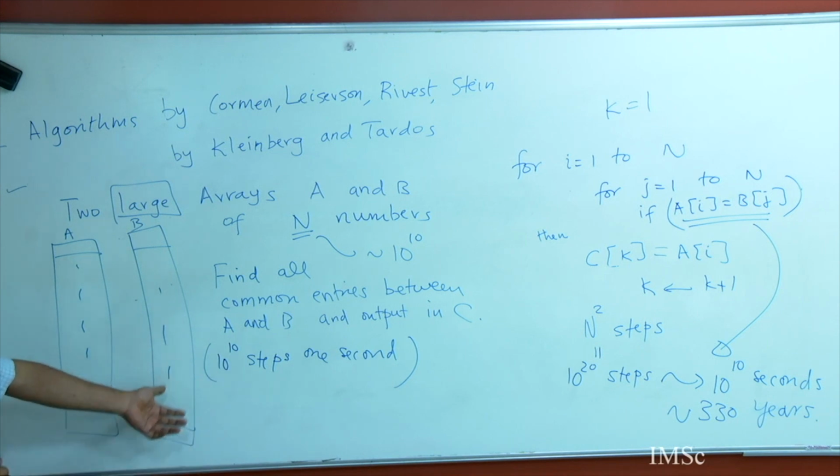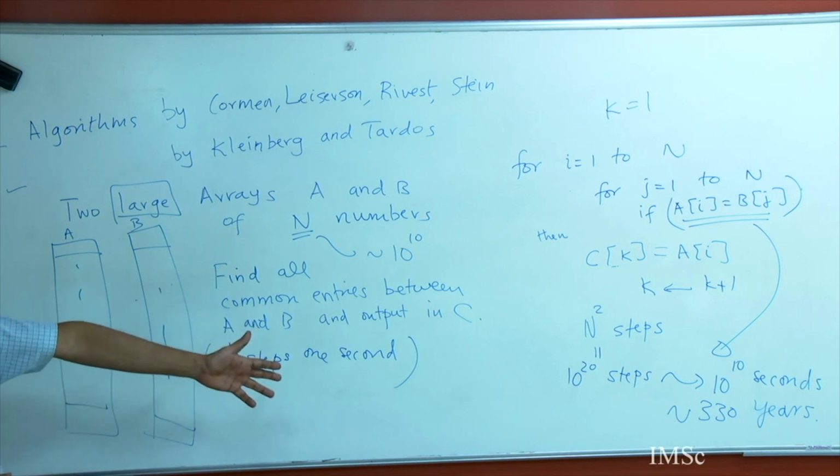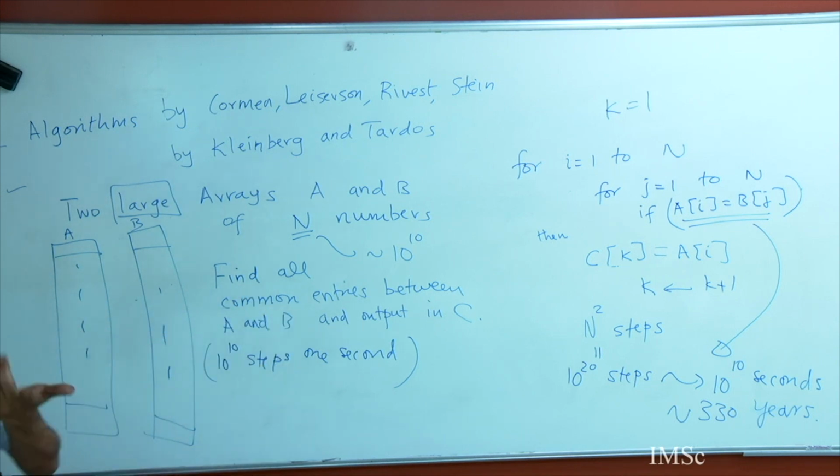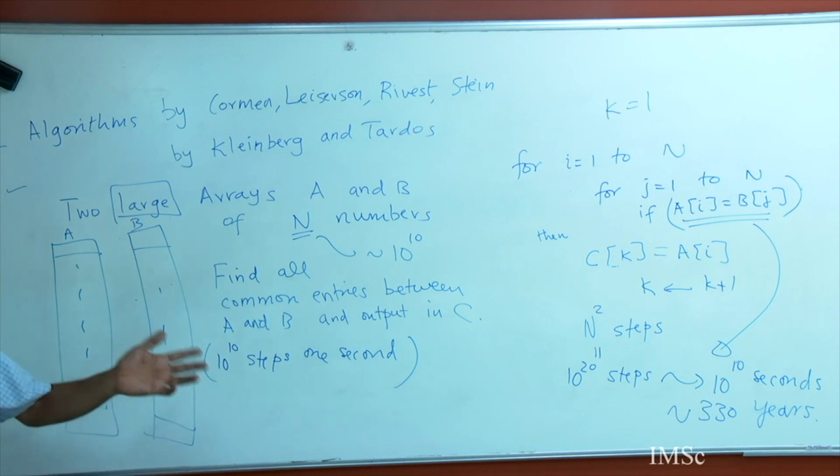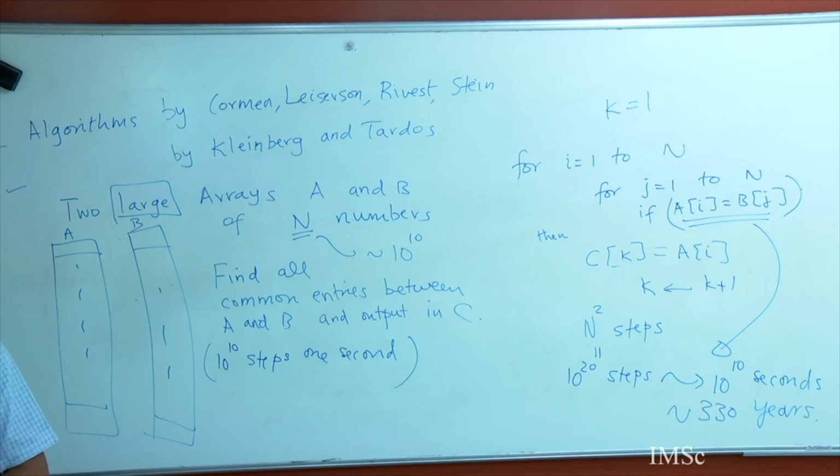If the data set is 10 power 5, then n square is 10 power 10, which will take 1 second. But we are talking about big data, about computerizing everything. For this kind of n, an n square algorithm takes about 300 plus years, which is not useful at all.